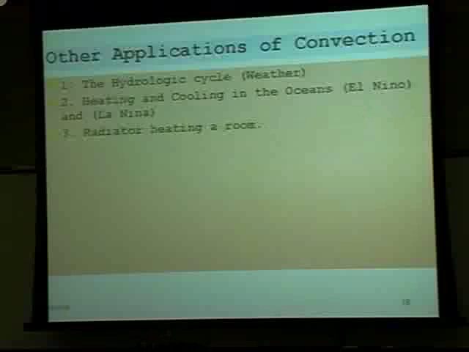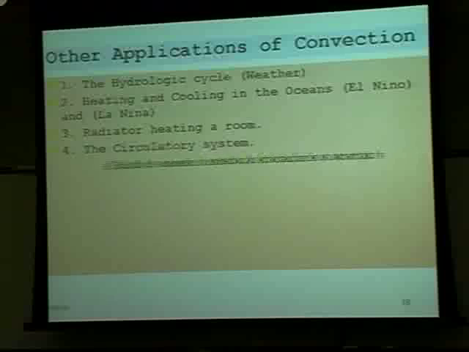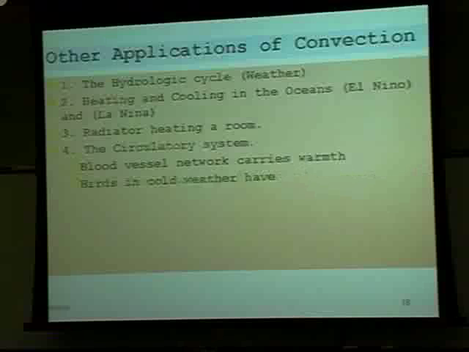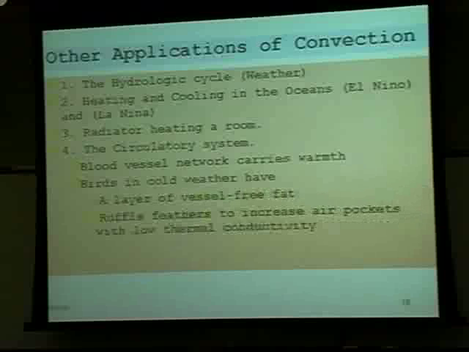Radiator heat in the room, look at that example. The circulatory system is the process by which your body keeps you cool on days like today, by transferring heat through your blood and evaporation. Birds in cold weather have a layer of vessel-free fat and ruffle their feathers, increasing air pockets to create low thermal conductivity so that they can actually stay warm.